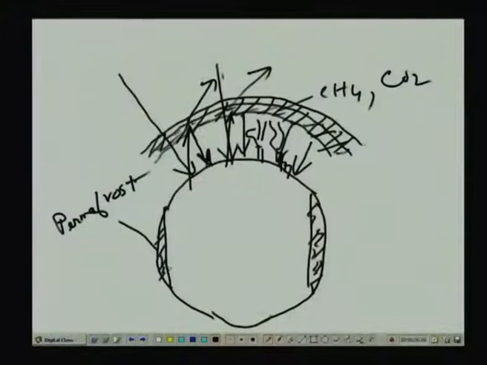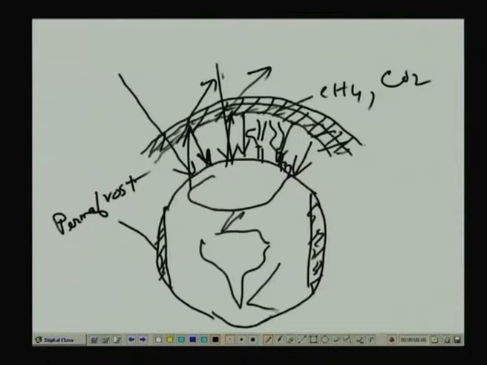As you can see, all these continents are connected like this, and this water body.